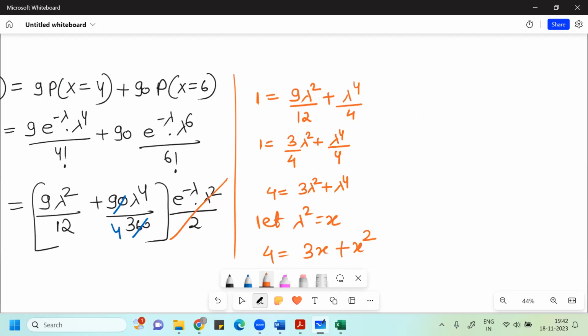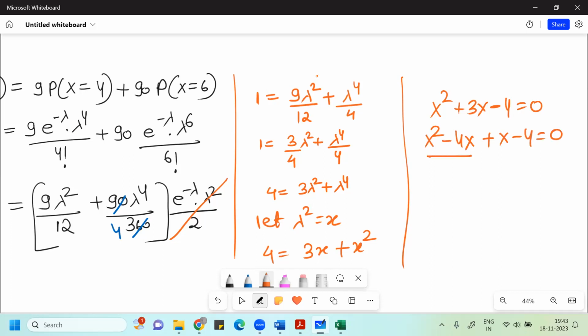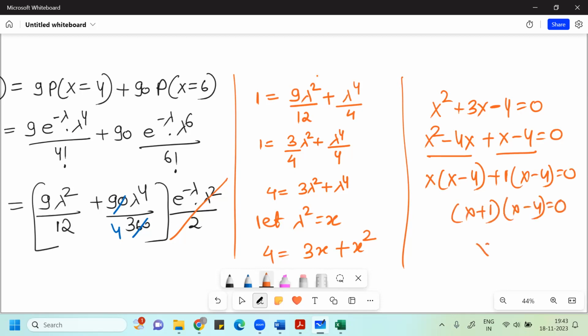So this will become a quadratic equation: x square plus 3x minus 4 is equal to 0. So x square minus x plus 4x minus 4 is equal to 0. I hope you know how to solve a quadratic equation. x minus 1 into x plus 4 is equal to 0. The x values are 1 and minus 4.